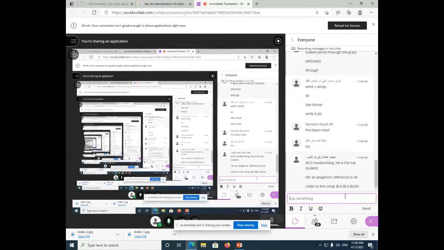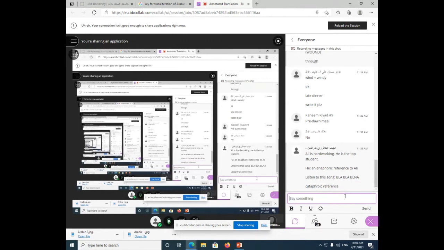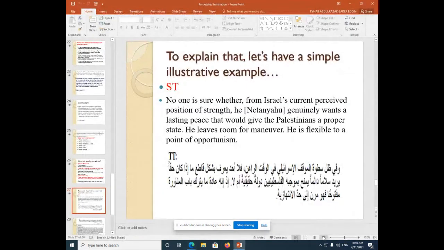So we say that this is a cataphoric reference. Or for example, write down this please, 26448888. So this number, which comes after the word "this," is considered to be in cataphoric reference. Okay?